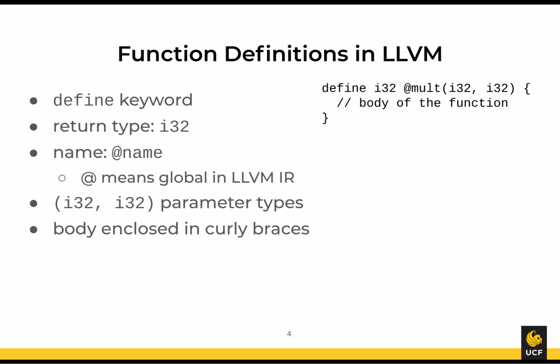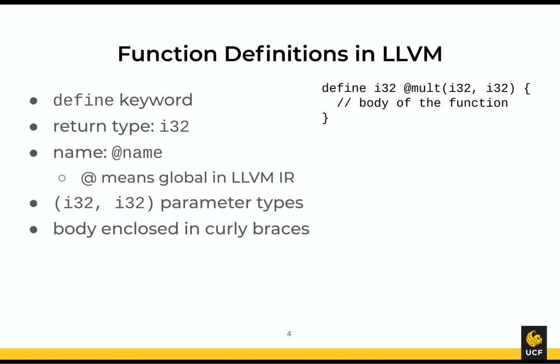Function definitions in LLVM look a lot like C function definitions. You use the define keyword, you give the return type, just like in C, and you give the name.